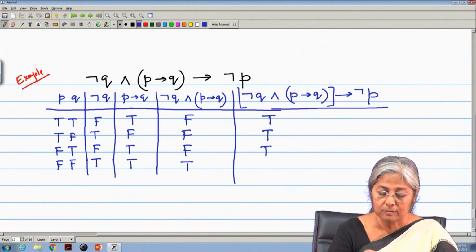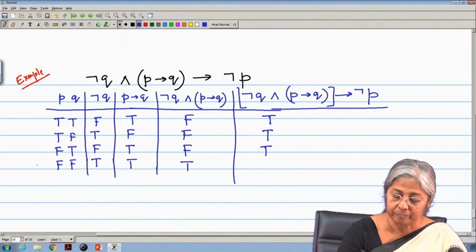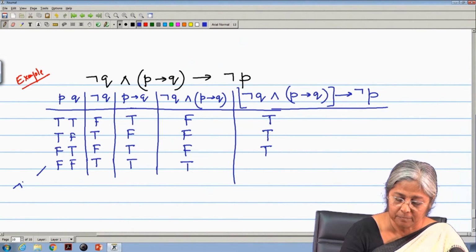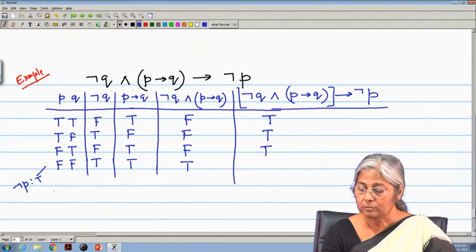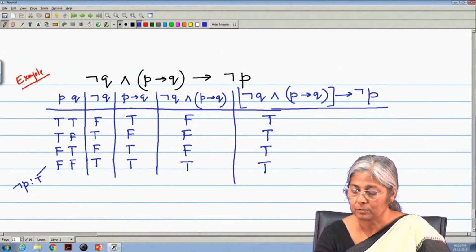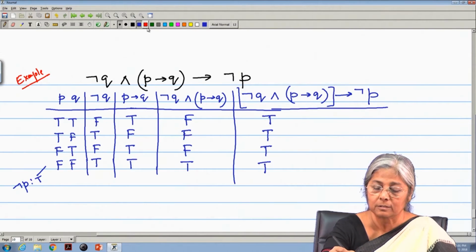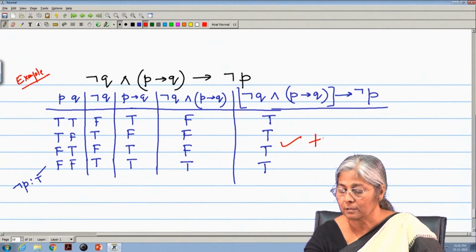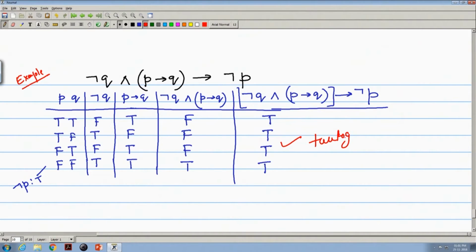This P, so this negation P will be here, the negation P is true. So, T and T, this will be true. So, again we get that this is a tautology. This is a tautology.